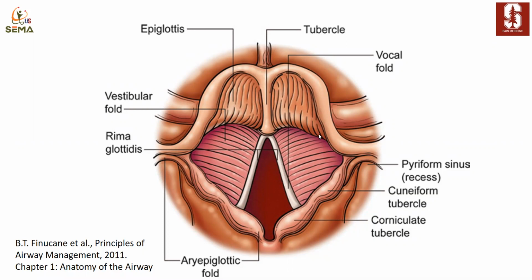This is the epiglottis and a bunch of cartilages here. For the purpose of this lecture, remember the aryepiglottic fold or cartilage, because when we talk about grading the airway view, we're going to mention this again.